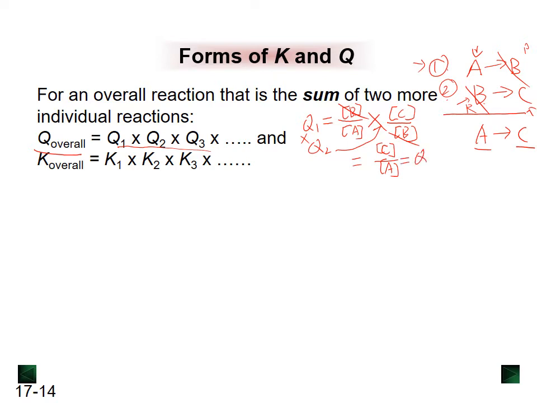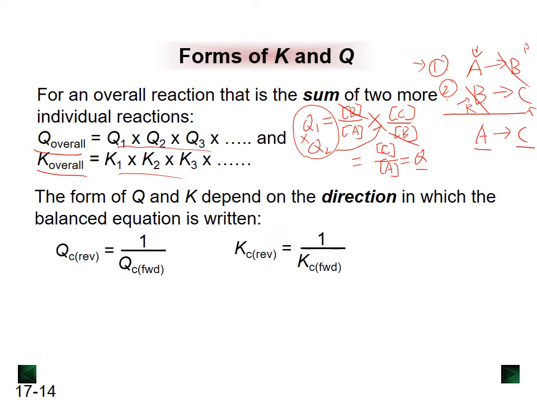So the reaction quotient of the overall reaction is the product of the individual reaction quotients. Similarly, the overall equilibrium constant is the product of the individual equilibrium constants.